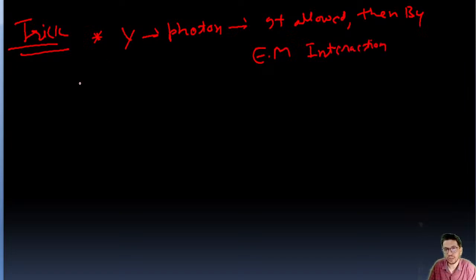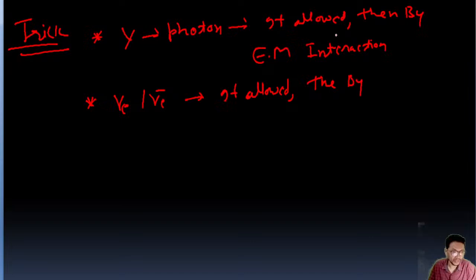Similarly, if you find a neutrino or an anti-neutrino, and the reaction is allowed, then it is by weak interaction.